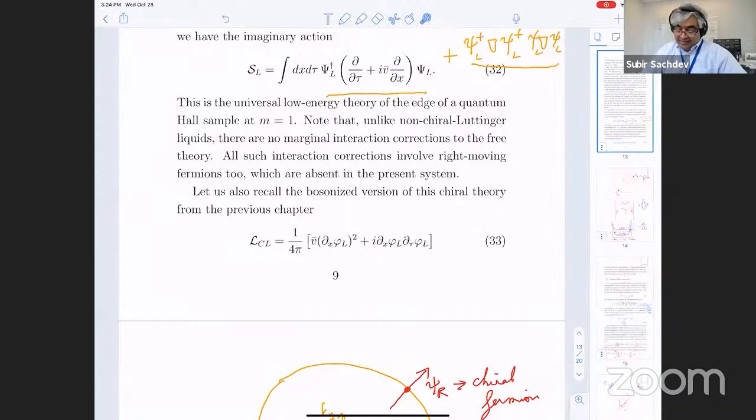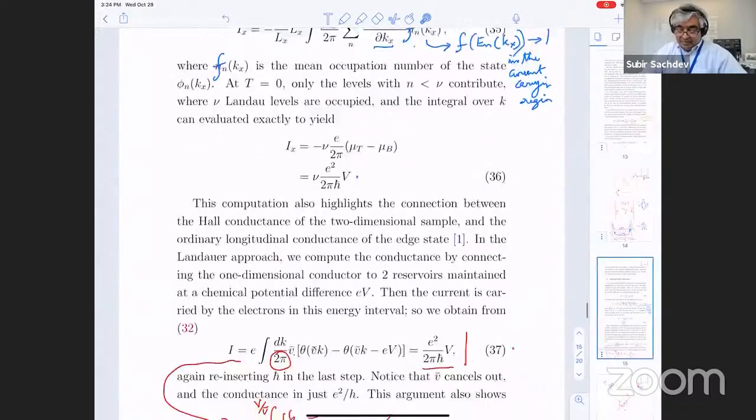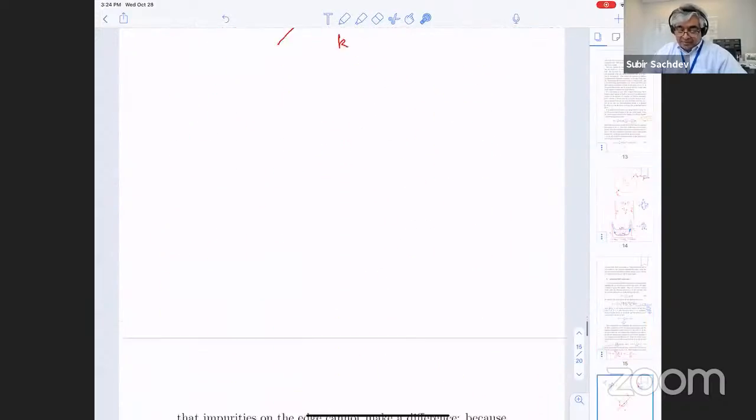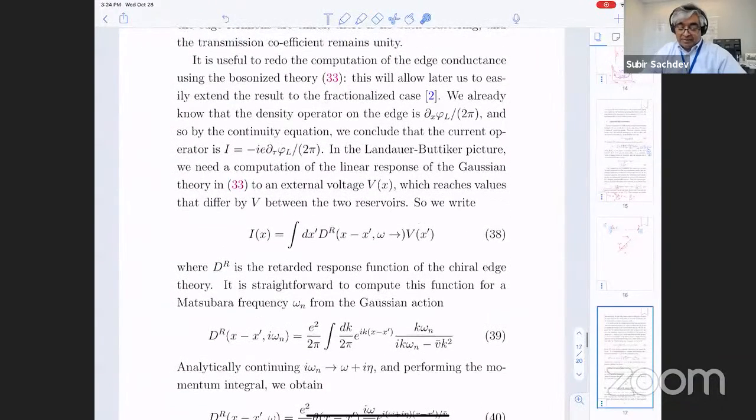Okay. So what is the bosonic way of getting this answer? Well, again, you take the one-dimensional point of view and you just do a straightforward calculation of the current given some voltage. So you take some voltage in 1D.